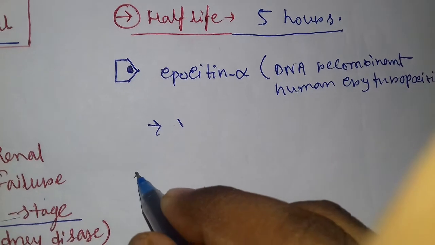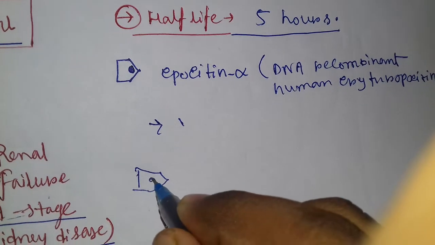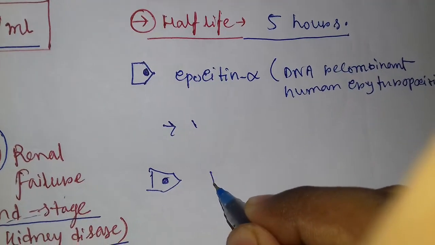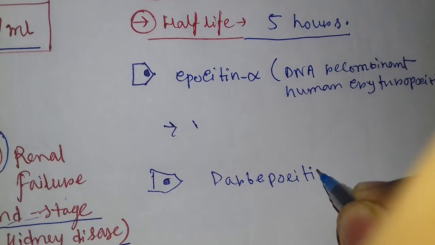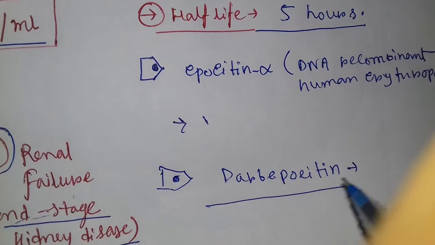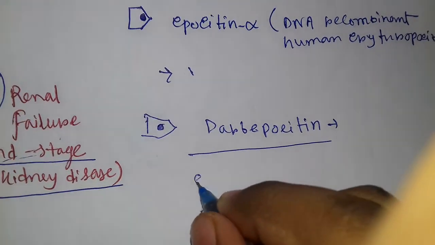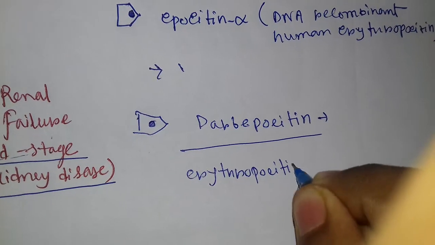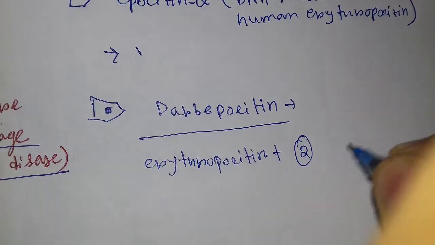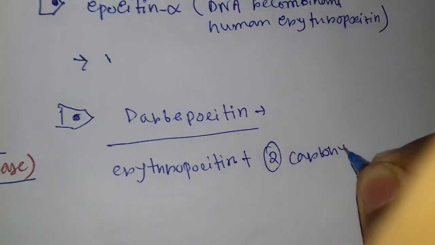Another drug that is known as darbepoetin is nothing but erythropoietin plus 2 carbohydrate chains.